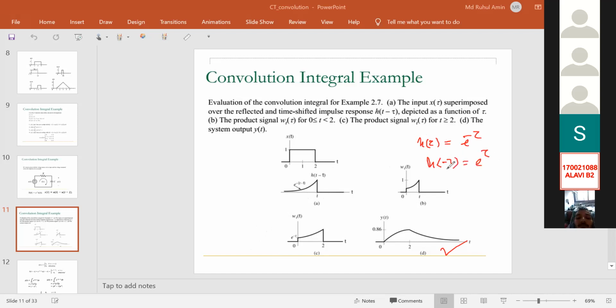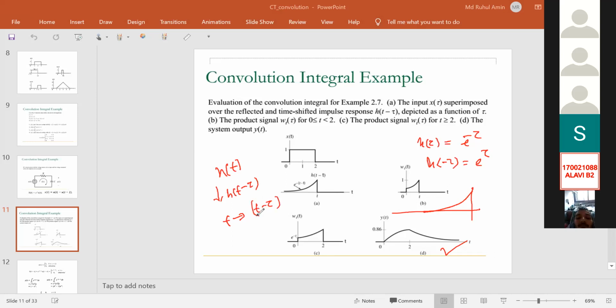But time is shifted. Now your signal is something like this. Mathematically, we have our h(tau) and we want to obtain h(t minus tau). Then we have to replace our t by t minus tau, isn't it? Yes, sir.